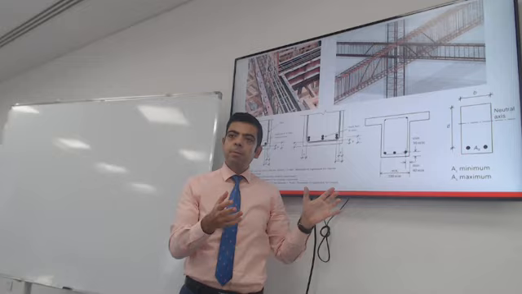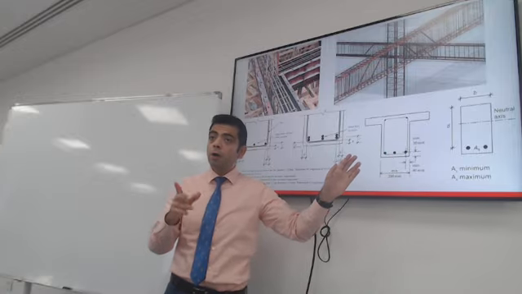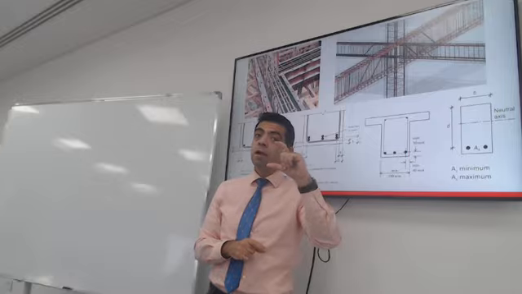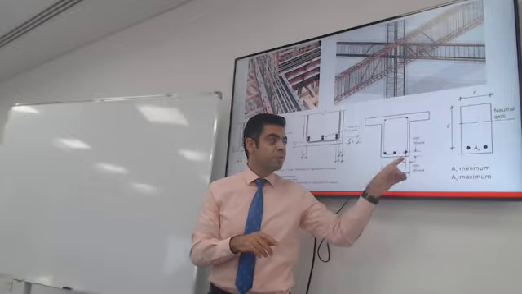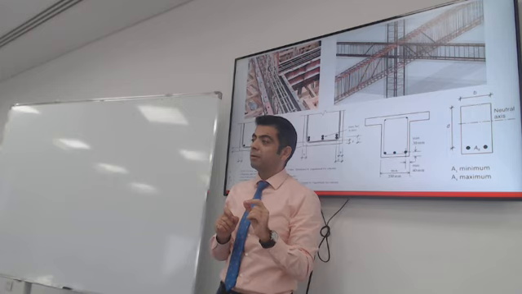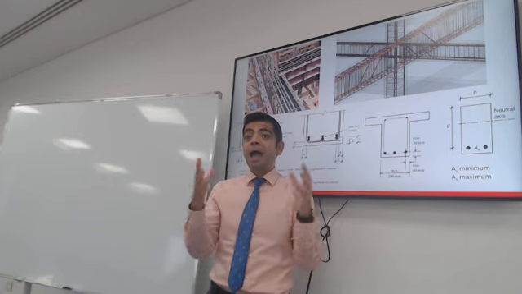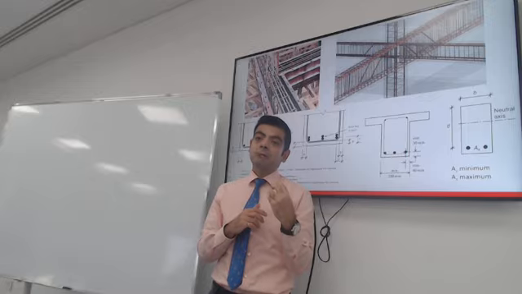So in your design, you will have to decide what the concrete cover is. In a specific problem, I might tell you, okay, design a beam with this concrete cover, but I need you to know this is part of the design. How do you choose the concrete cover? What are the factors that you need to know to choose the correct concrete cover? Fire resistance, as I said, how many hours of resistance you need out of the structure, and durability as well.